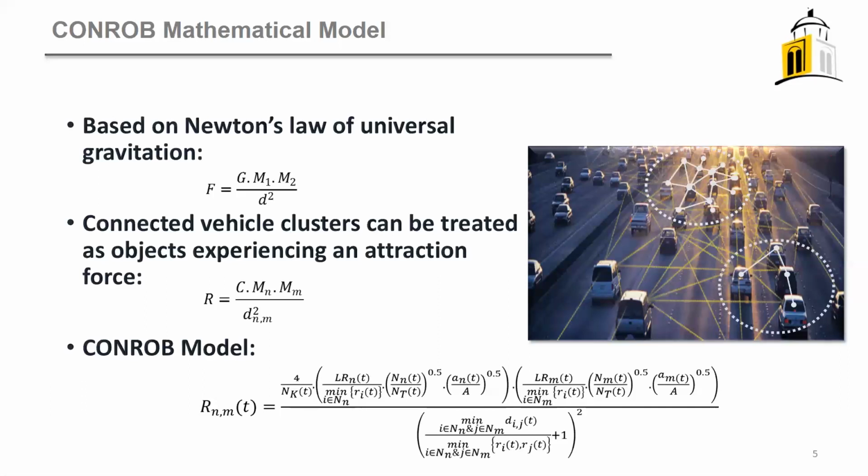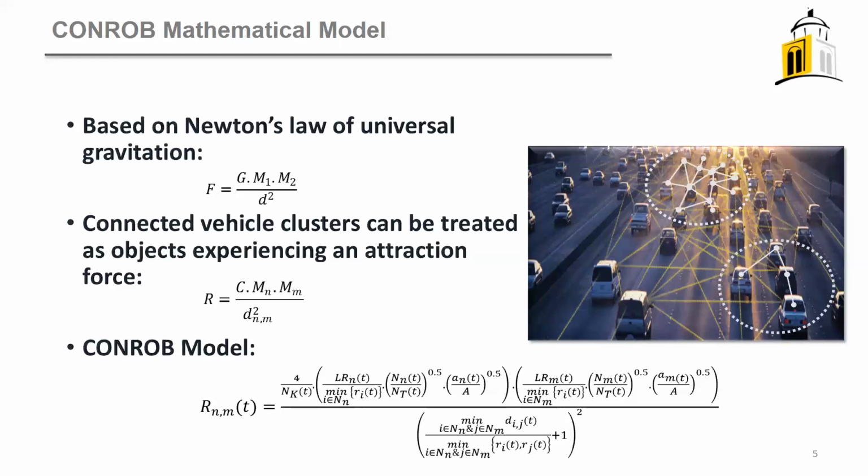So we have two clusters, which means that the vehicles in one cluster can communicate with each other easily, but a vehicle from one cluster is not able to reach the other vehicles in the other clusters. Of course, the best case scenario for these two clusters is for them to get close to each other and merge into one larger cluster of vehicles that's covering a larger area of the network.